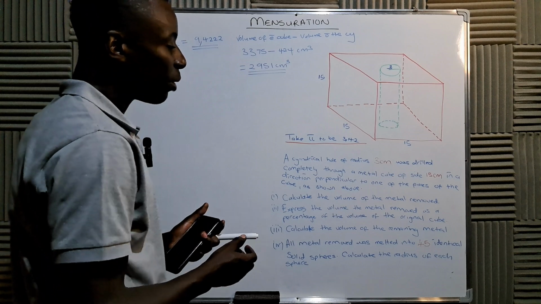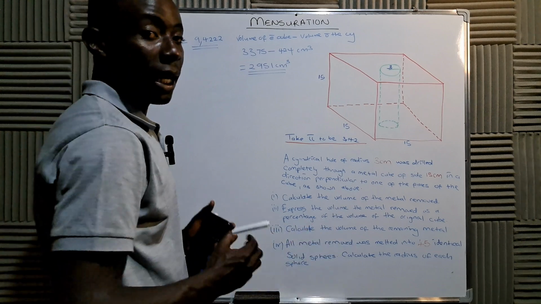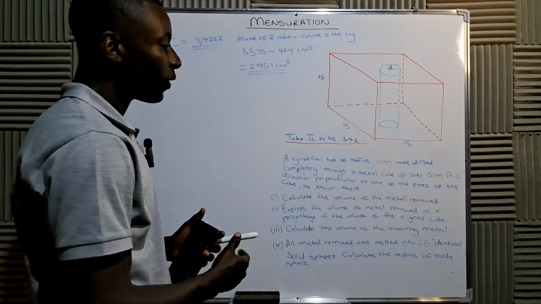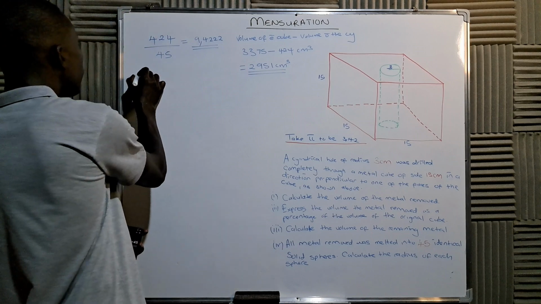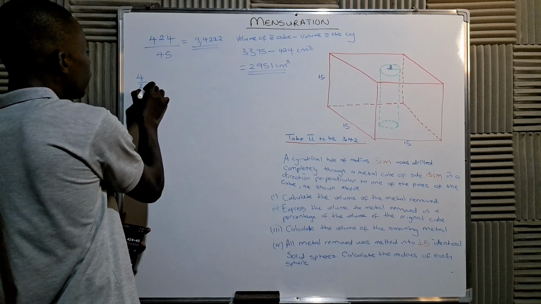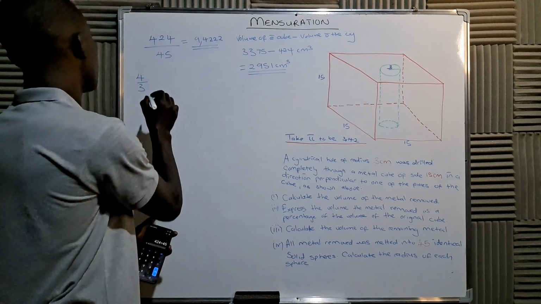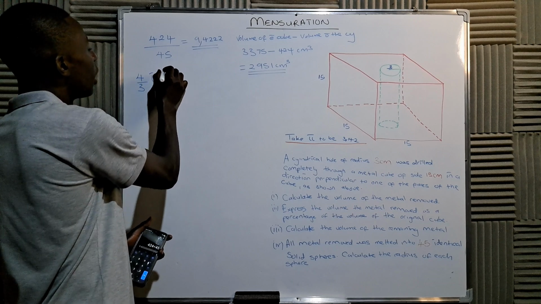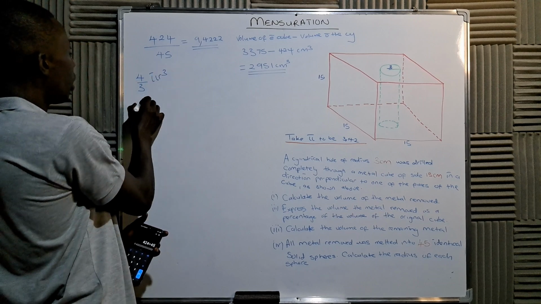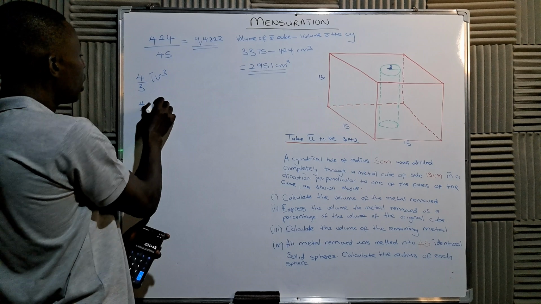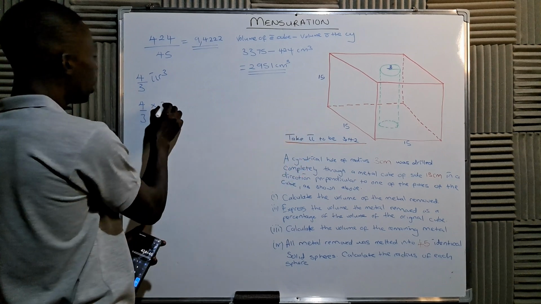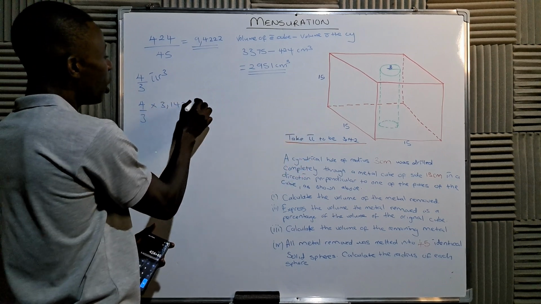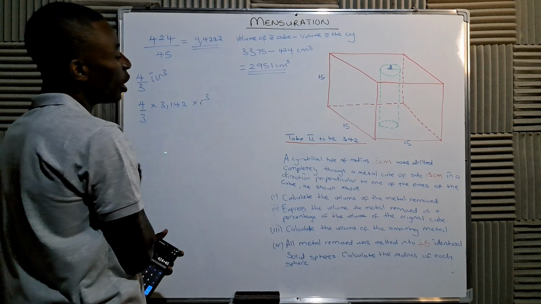So now our next step is we have to calculate the radius of each sphere. So the formula for the volume of a sphere is 4 over 3 pi r cubed. So here we have 4 over 3 times, we are using 3.142 times the radius r cubed.